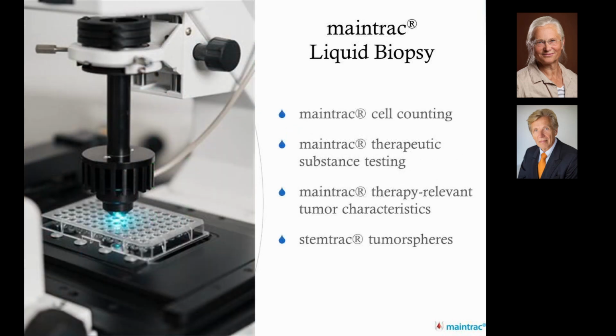What we can help you with in the therapy of your patients is, first of all, counting the tumor cells in blood. Here it's important not to have one single number, but the trajectory of the cell numbers over time.